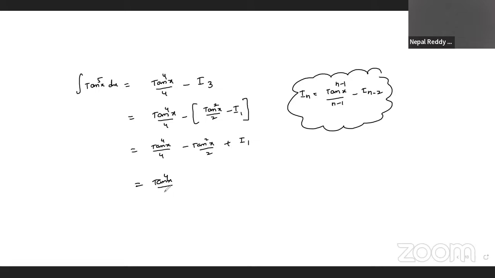I1 is nothing but integration of tan x power 1 dx. That is tan x power 4 by 4 minus tan x whole square by 2 plus integration of tan x, which is log modulus secant x plus c.